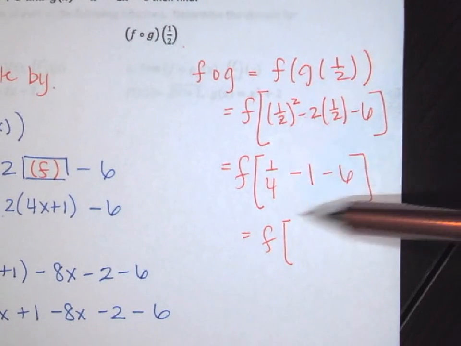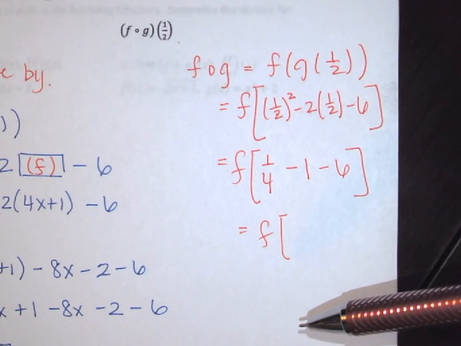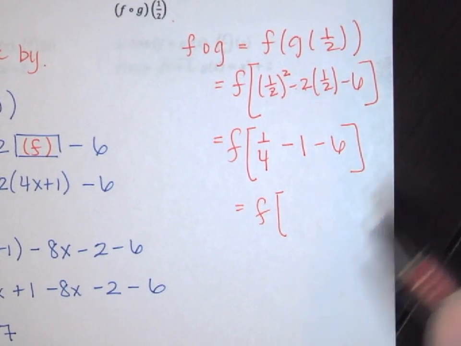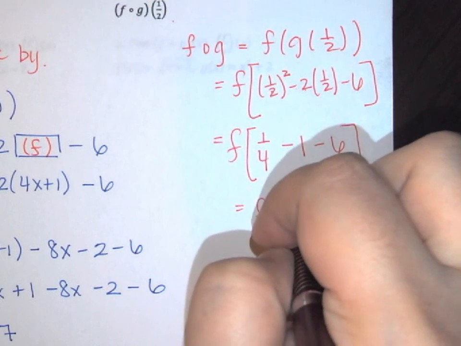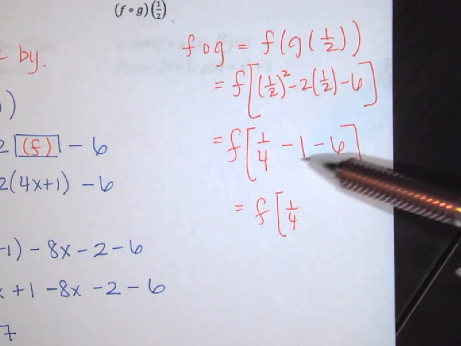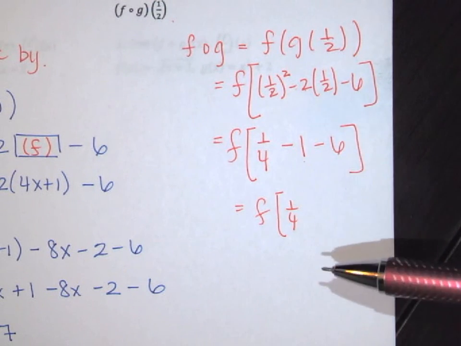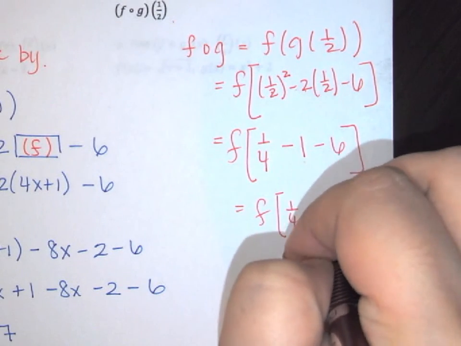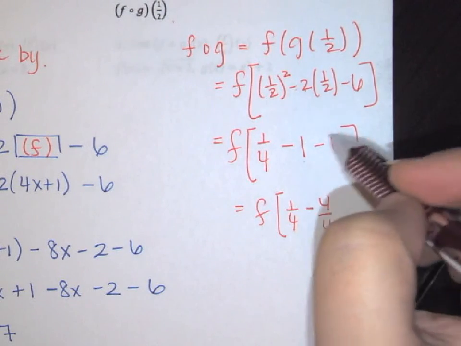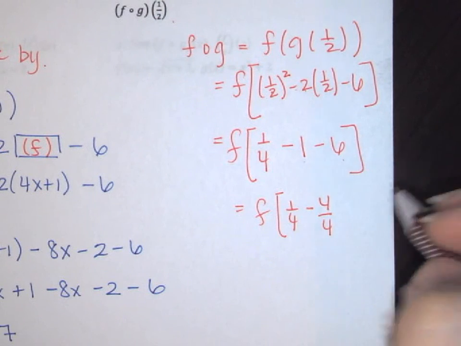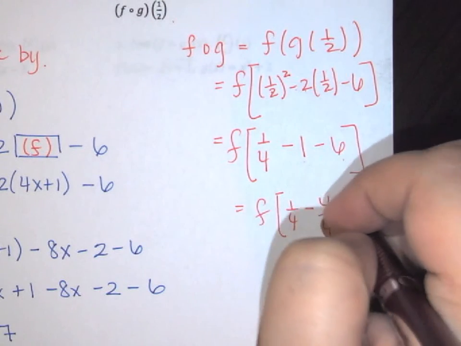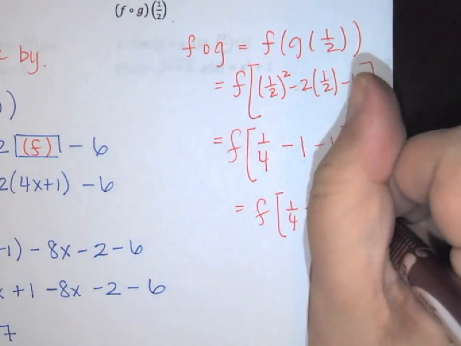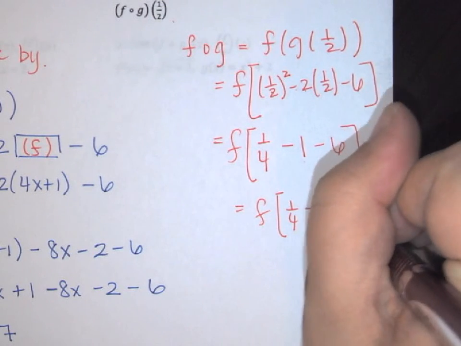Okay? So here you would simplify that down. And if you think about it, remember, in order to work with fractions, you need a common denominator. So this is my 1/4. In order to turn 1 into something over 4, I have to multiply, so this is going to be minus 4 over 4. And then again, I have to turn 6 into something over 4, so again you're going to multiply, so this is going to be 24 over 4.